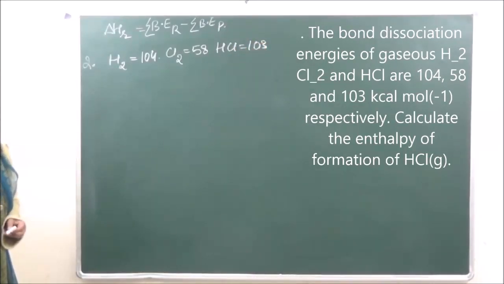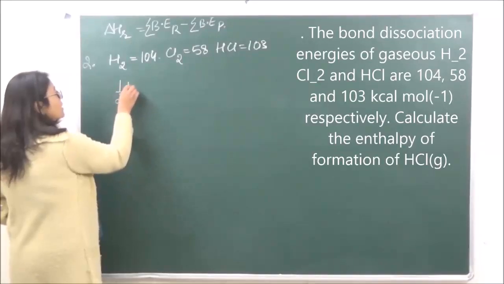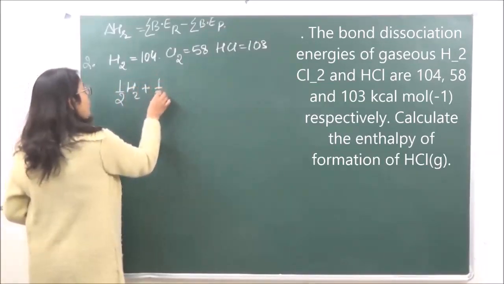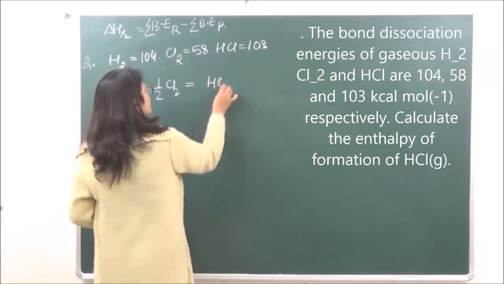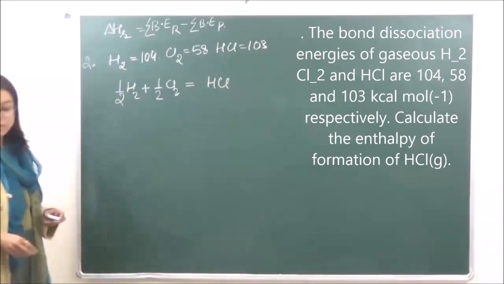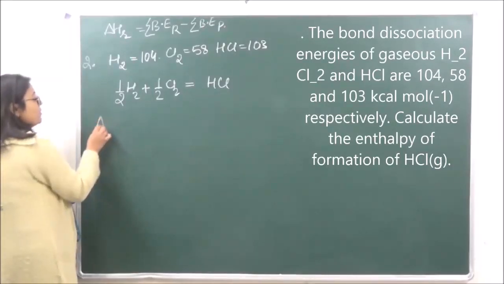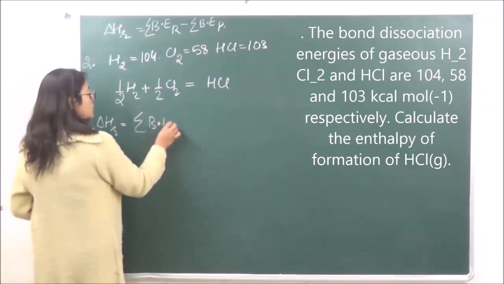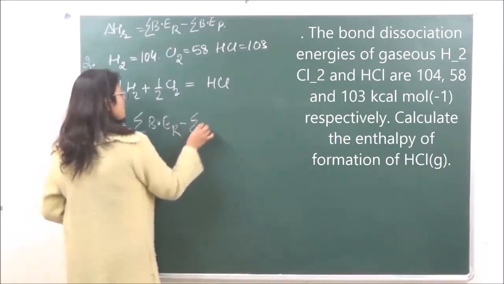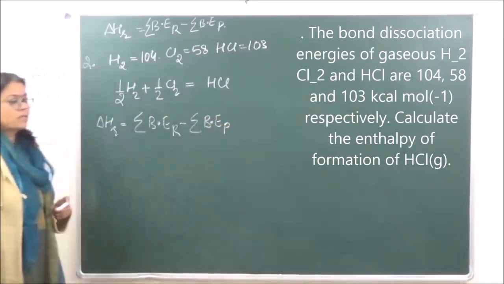Now over here they are saying कि calculate the enthalpy of formation of HCl. So वापस reaction क्या आएगा? Half of H2 plus half of Cl2 that is equal to HCl, right? So bond energy क्या हो गई? Bond energy that is delta HR we have to calculate, that is equal to summation of bond energy of reactants minus summation of bond energy of products, right?